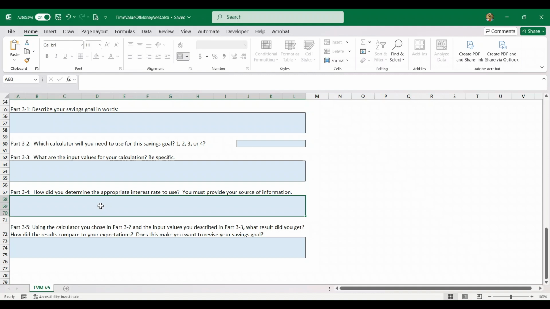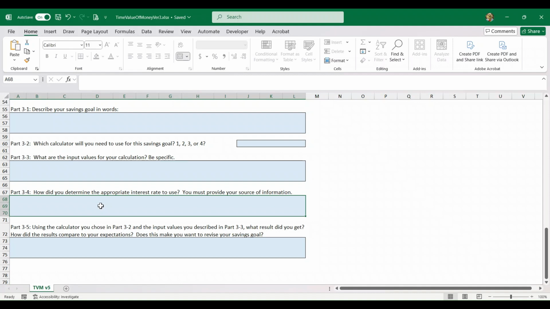Are you going to put your money into a commercial bank? Are you going to put it into a money market fund? Whatever it is, you need to have an idea of what interest rate you expect to earn. And in part 3.4, you need to tell me exactly what interest rate you're going to use, why, and what is your source for that information.